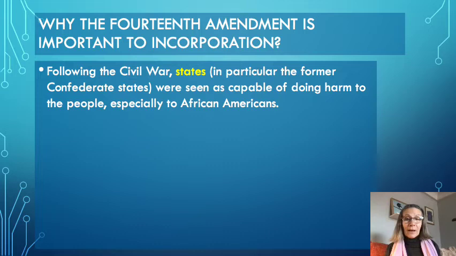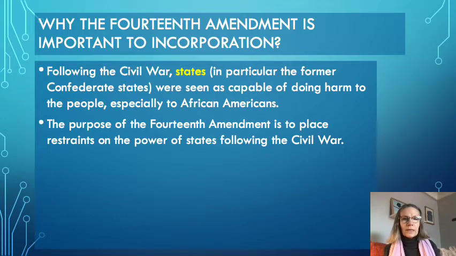Abraham Lincoln was a Republican. I don't think he would be considered a radical Republican, but there were a lot of Republicans who wanted to make it very, very difficult for the Confederate states to join back in the Union. And they were very suspicious, and probably with a lot of justification, that if the Confederate states didn't have tons of brakes and restraints placed on them, they really would be harmful to the people in their states, particularly to those who used to be slaves.